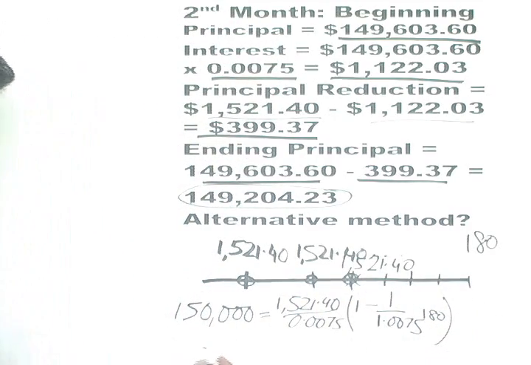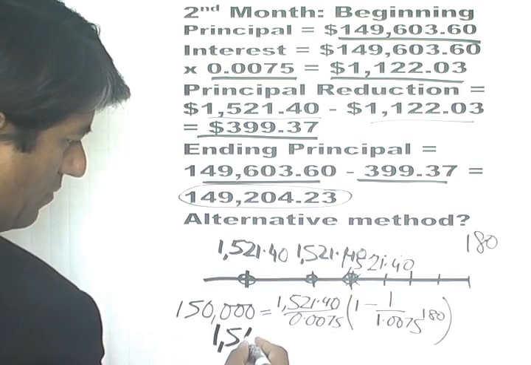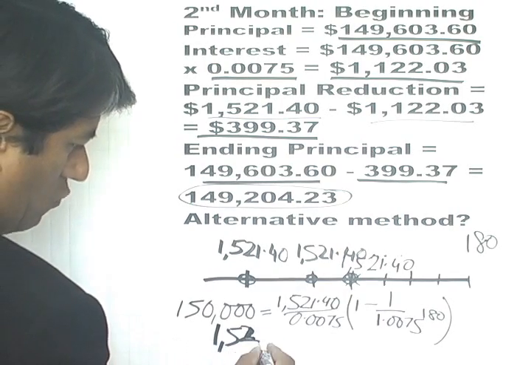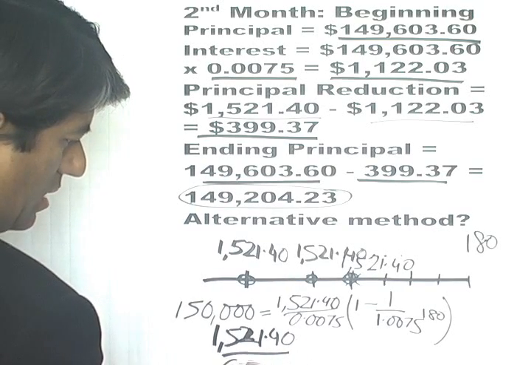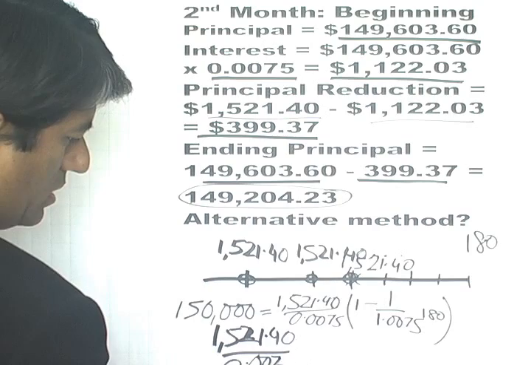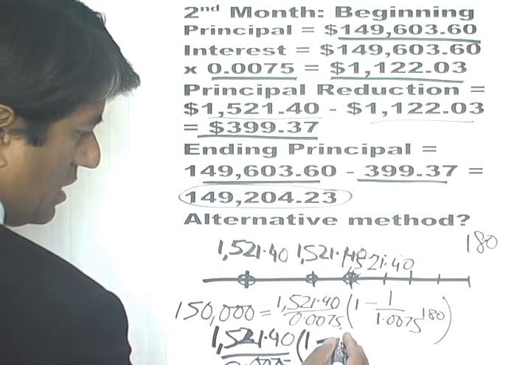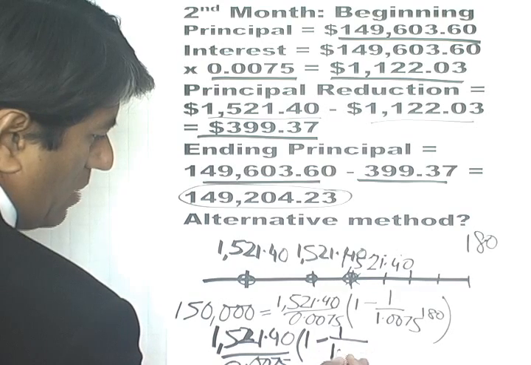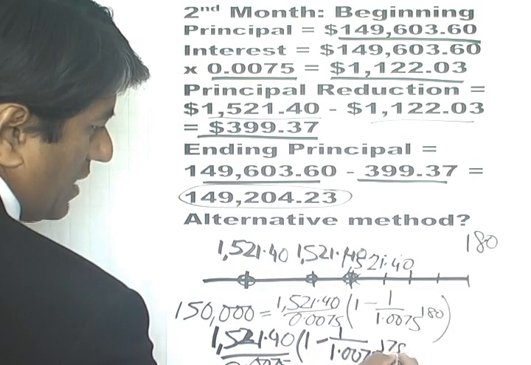So that should equal 1521.40 divided by 0.0075 into 1 minus 1 upon 1.0075 to the power 178.